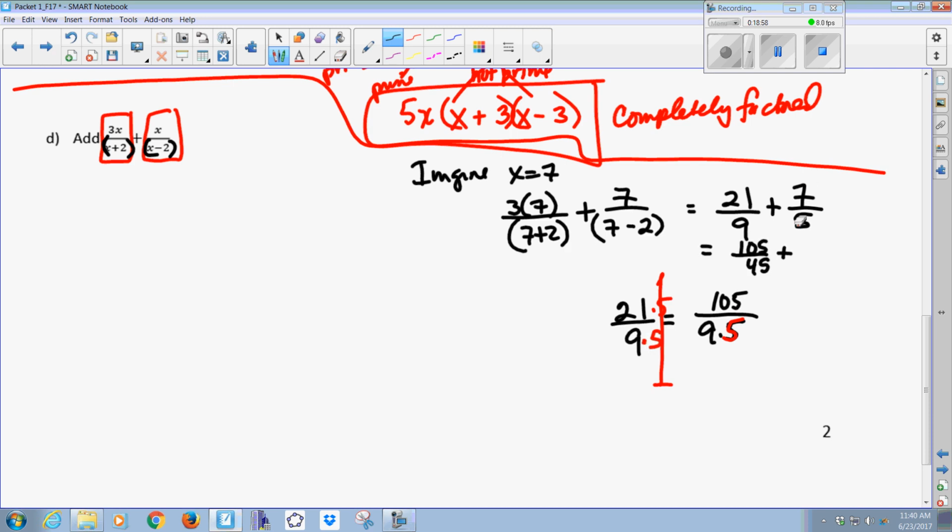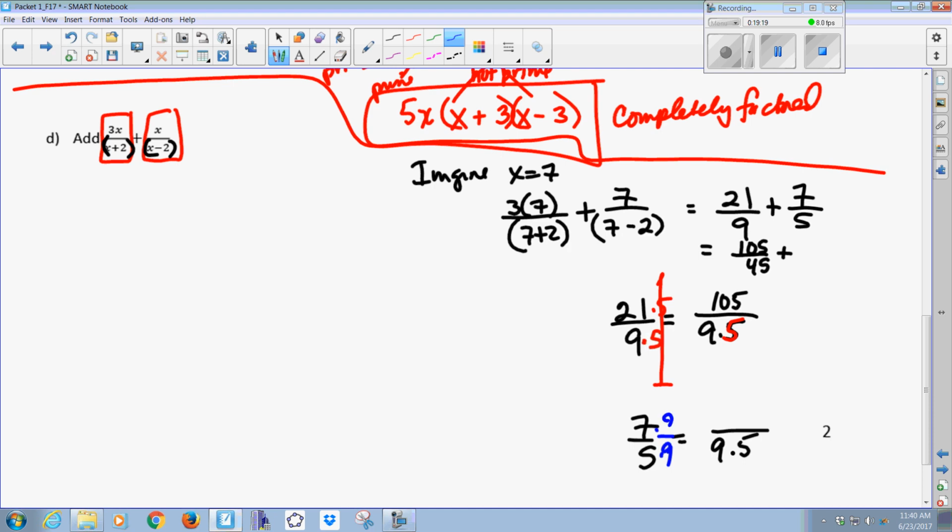Plus, so now our job is to change 7/5 to an equivalent fraction that has 9 times 5 on the bottom. And you say, okay, here's my new equivalent fraction. What does my new fraction have in the denominator? 9 times 5. So what factor am I missing? I'm missing a 9.